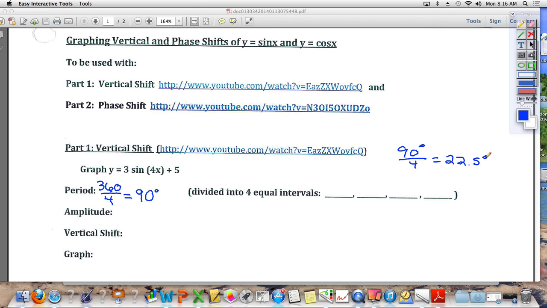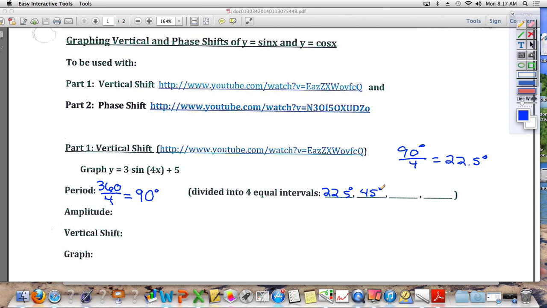All right, so let's talk about that. At 22.5 degrees, you're going to have a point, so I'm going to put 22.5 right here. Another 22.5 degrees is going to get you to 45 degrees.